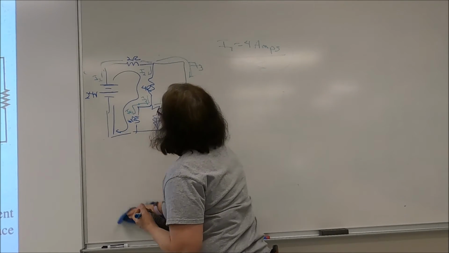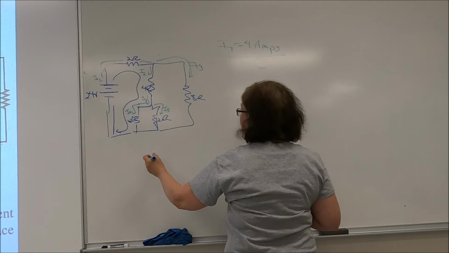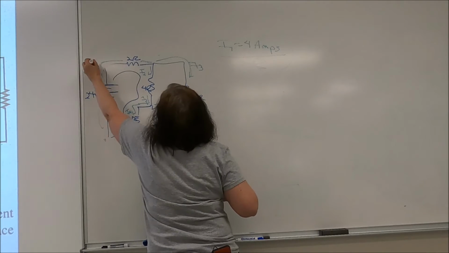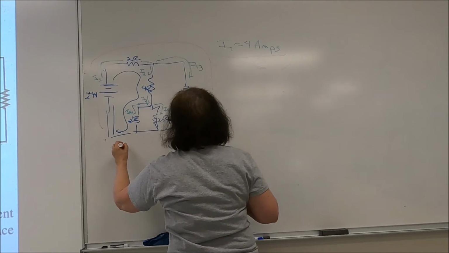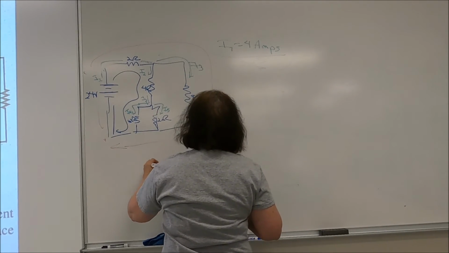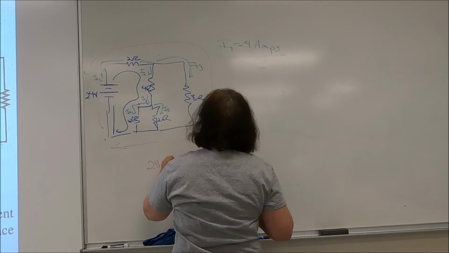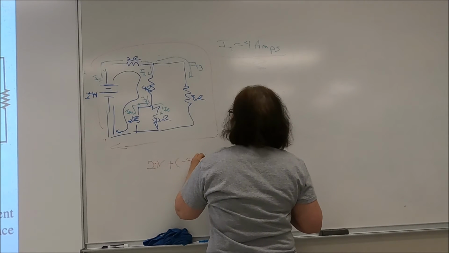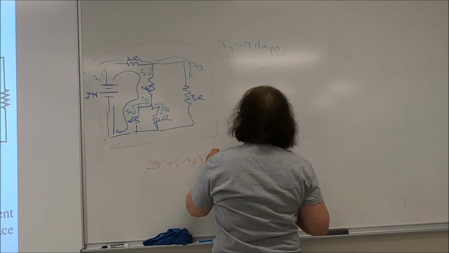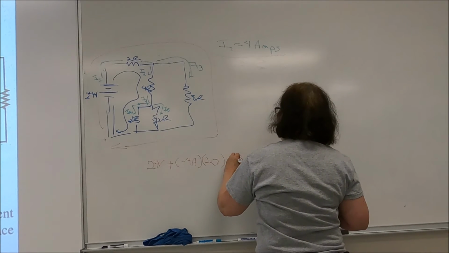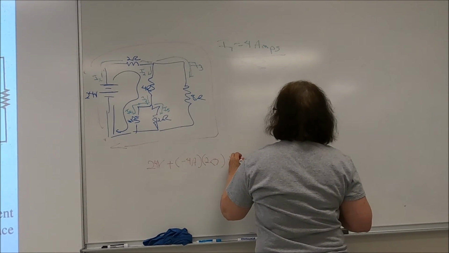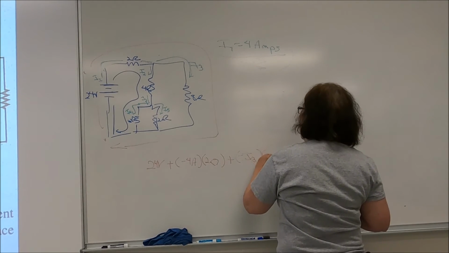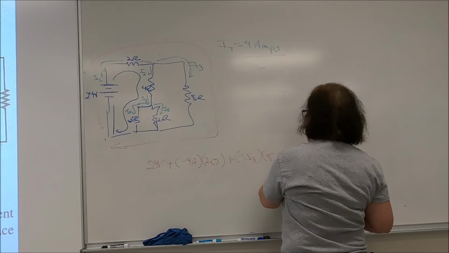Now, why did I do that? Well, because now if I follow a loop around the outside, I can go 24 volts plus a minus 4 amps times 2 ohms plus 3 plus a minus I3 times 8 ohms has to be 0.